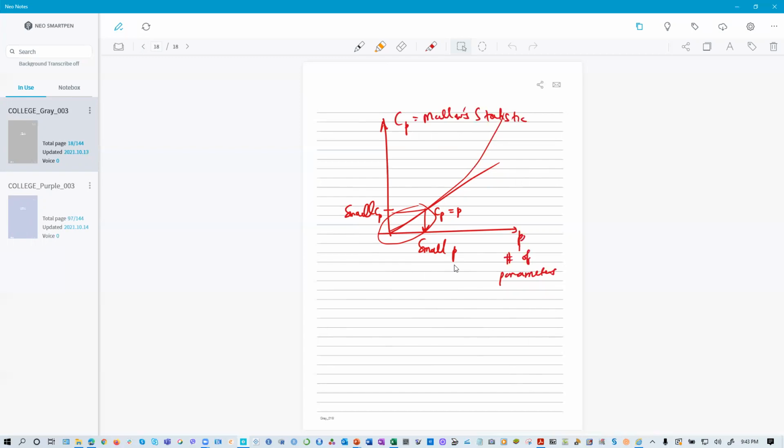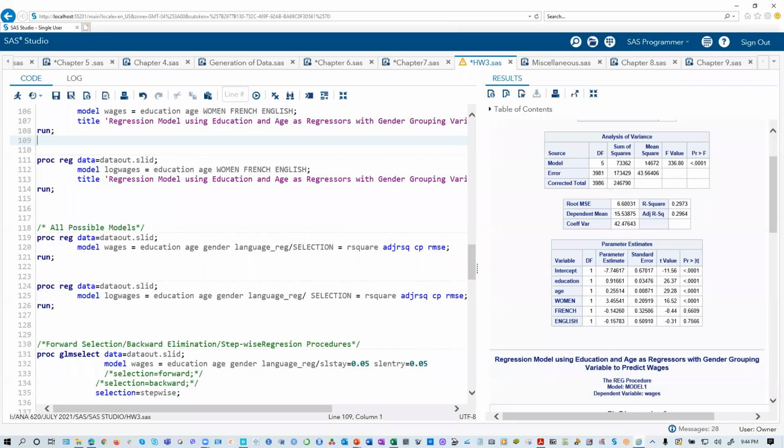In the graph, over here, CP is approximately equal to P. If that's the case, you have to have the small CPs. That means small Ps.